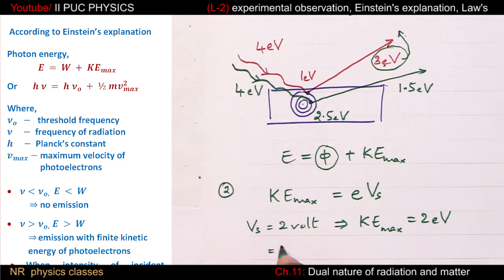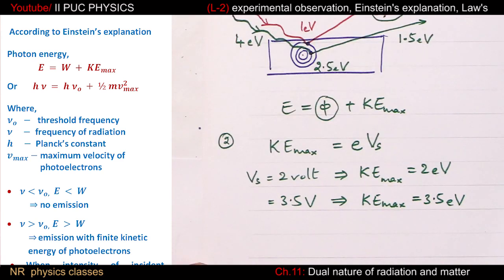If stopping potential is 3.5 volt, then maximum kinetic energy is 3.5 eV. Similarly, if maximum kinetic energy of photoelectrons is 1.4 eV, the corresponding stopping potential is 1.4 volt.